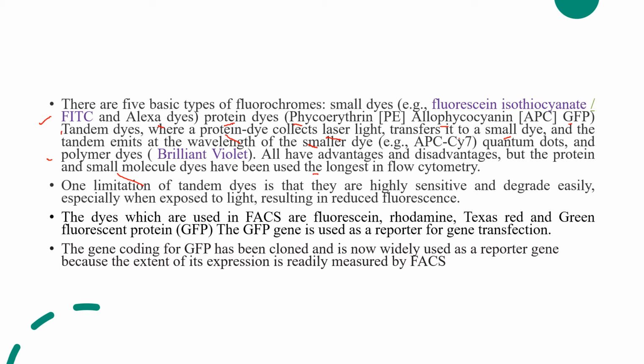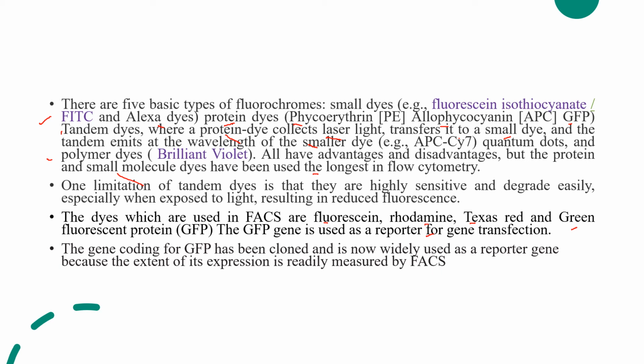Now you can say that the dyes which are used in the sorting technique are fluorescein, rhodamine, Texas red, and green fluorescent protein. The green fluorescent protein gene is used as a reporter gene for gene transfection. Green fluorescent protein is found in a jellyfish.